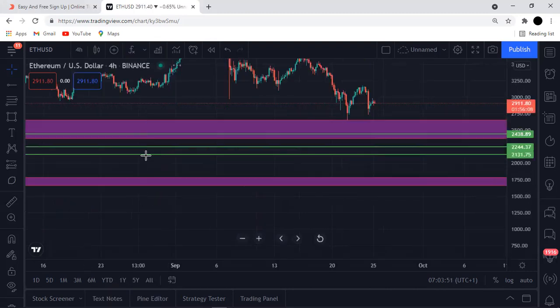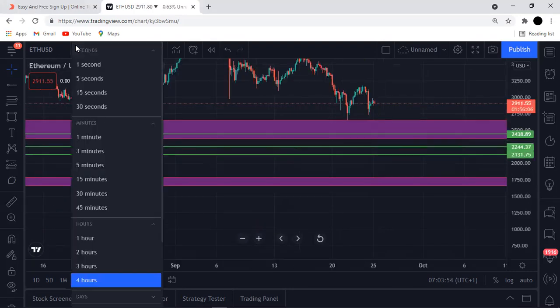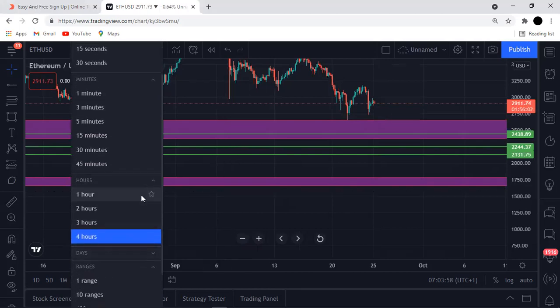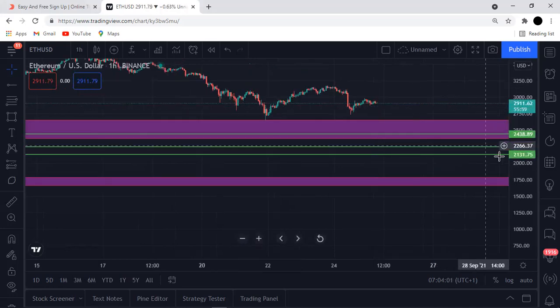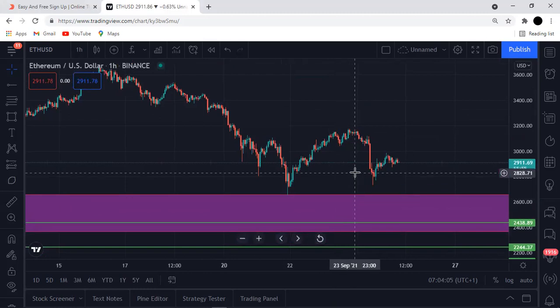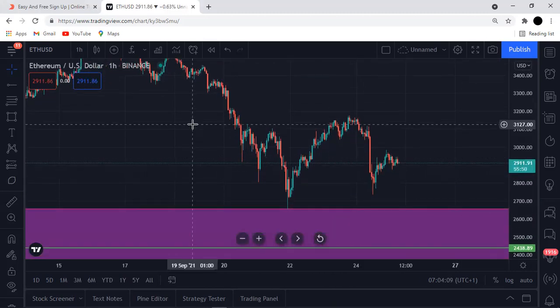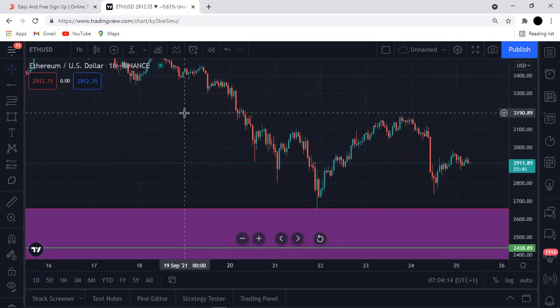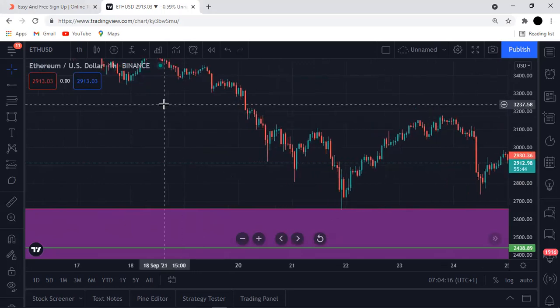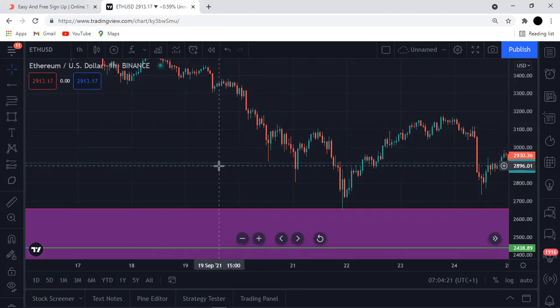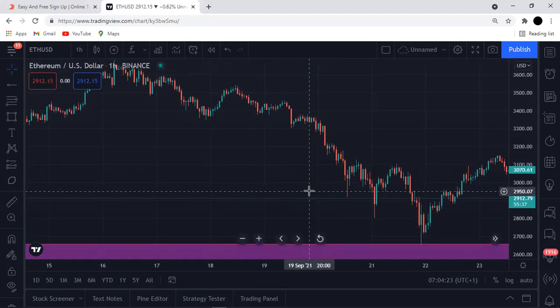Let's see if you can see something like this on, let's say H1, 1 hour time frame. I'm looking for a perfect setup that would show us that.